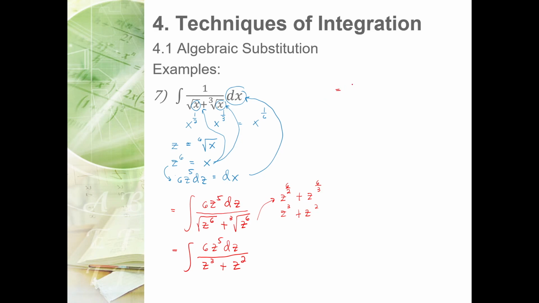Okay, so isolating 6 and then factoring out z squared in the denominator: z to the 5th dz all over z squared times z plus 1. So this one is cube. So you have 6 integral of z cube dz all over z plus 1.